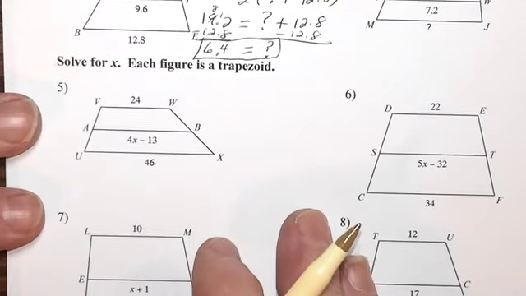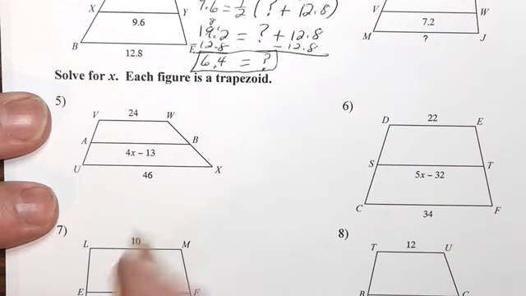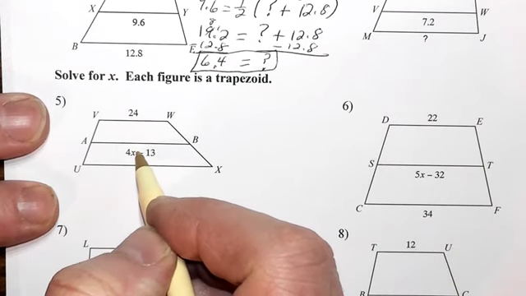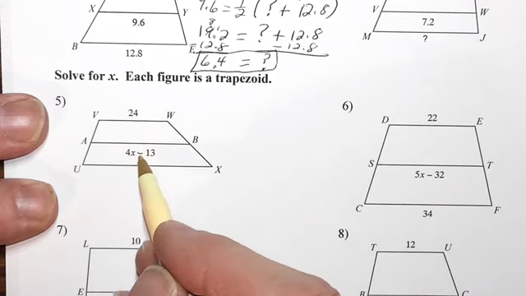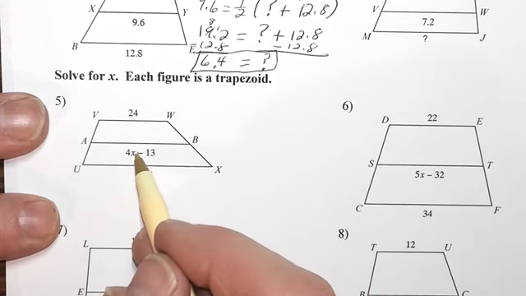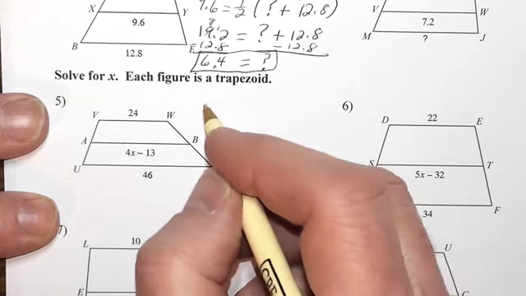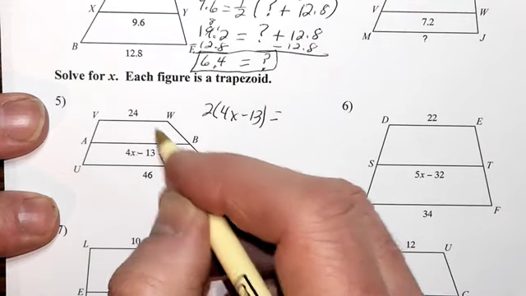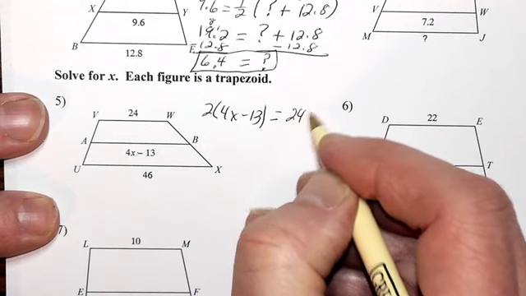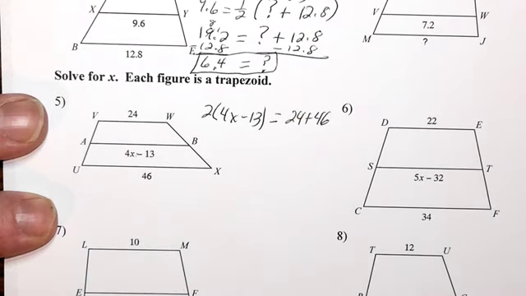To do these algebraically really is the same thing. This median is equal to half of this plus this. So on all of these problems, I'm just going to double the median, and that has to equal the bases added together.